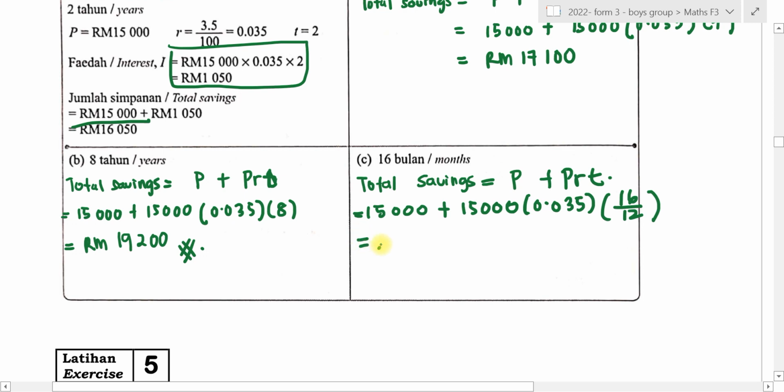How much is that? 1/3. Before, I didn't get it fully yet, sir. Okay, you do it in one shot in the calculator. Even better.